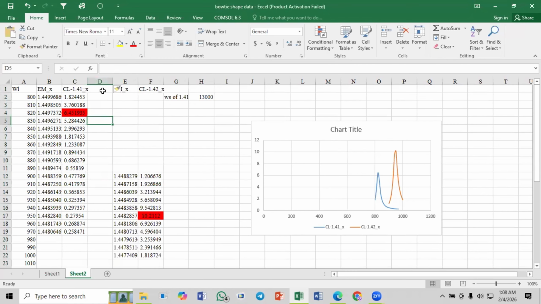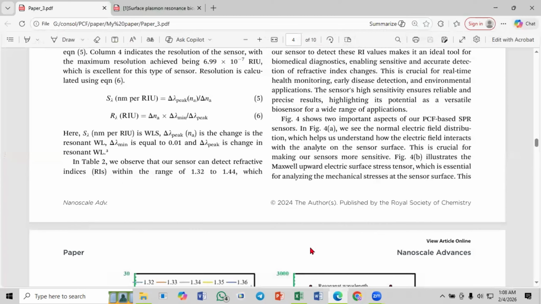So we need another row here for calculating the amplitude sensitivity. For example, the amplitude sensitivity AS for 1.41. So let me tell you about the amplitude sensitivity.